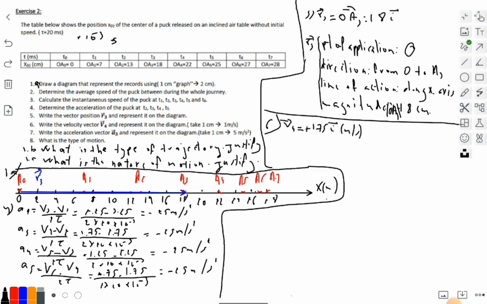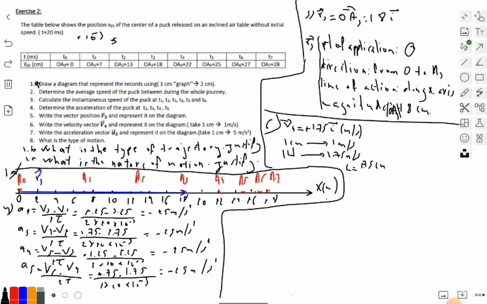This is the velocity vector V4. We represent V4 for 1 centimeter corresponding to 1 meter per second. V4 equals 1.75 meter per second, so the length is L equal 1.75 centimeter.